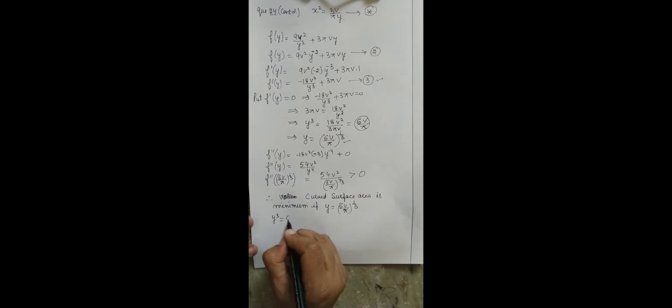So from this result, now my y cube is equal to 6v upon pi, which implies what is v? V will be equal to pi y cube upon 6. I will put this value in star. So put in star, what will I get? It is x square is equal to 3 times the value of v, pi y cube upon 6, into pi y.